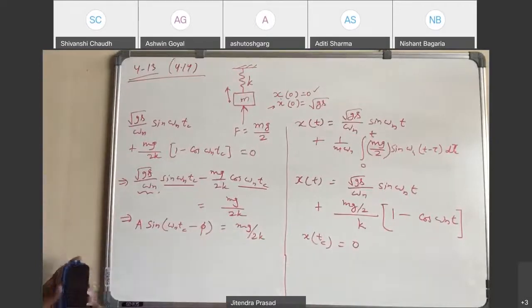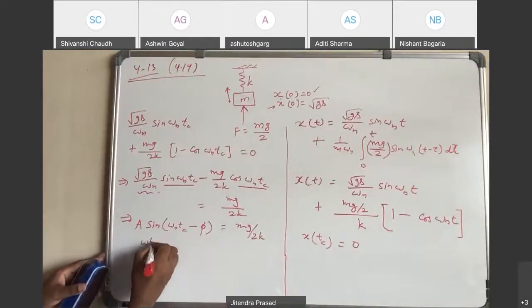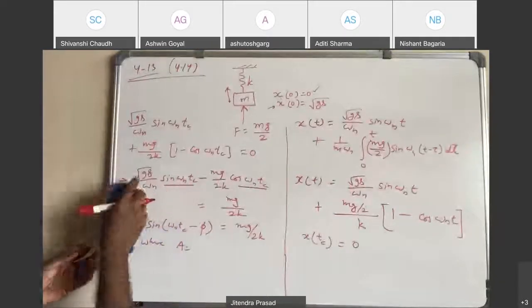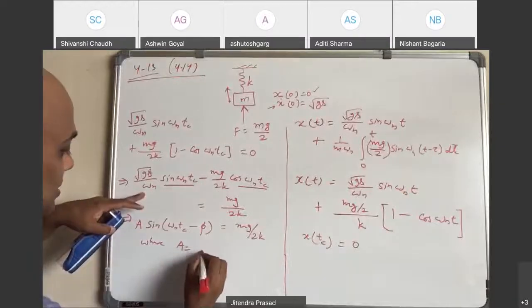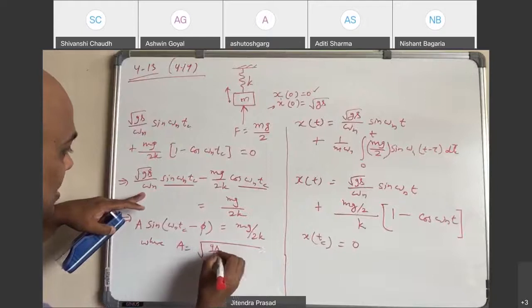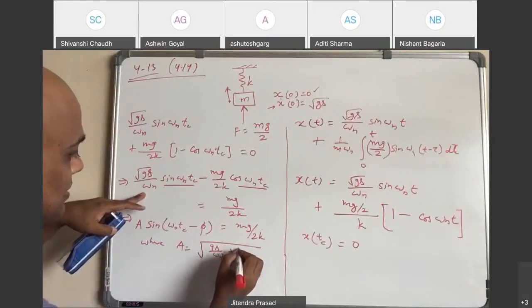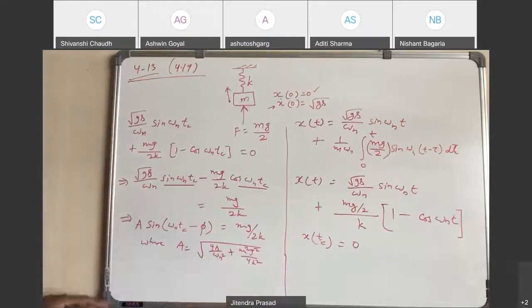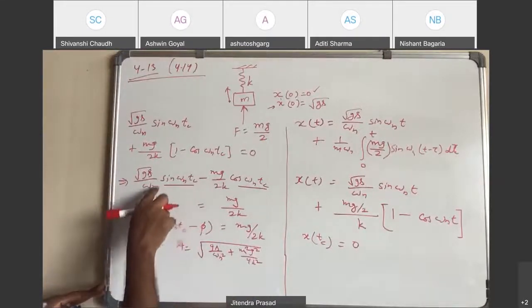We get like this, where A will be the square root of this squared, so we get gs over omega n squared plus m squared g squared over 4k squared. Yeah, this is what the A will be.